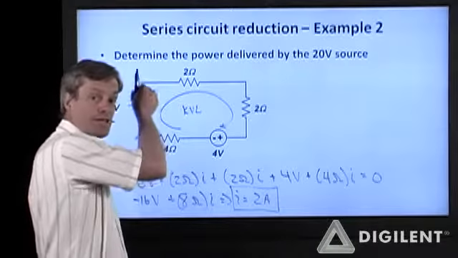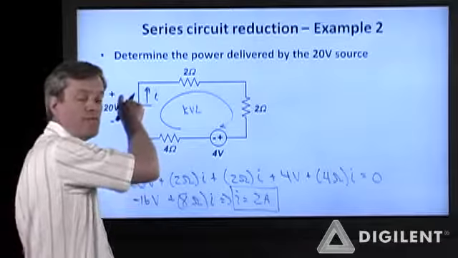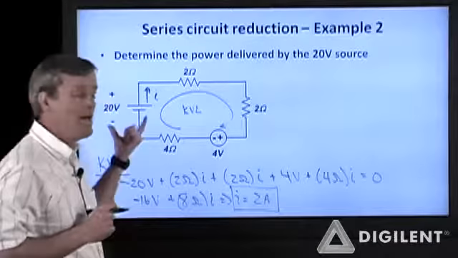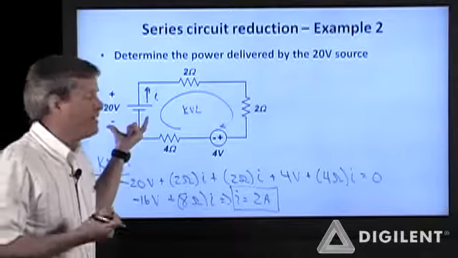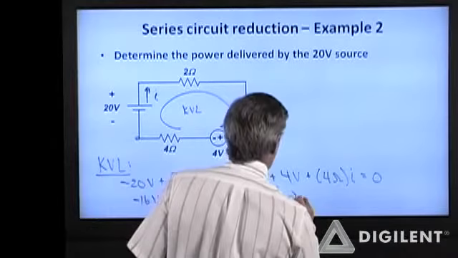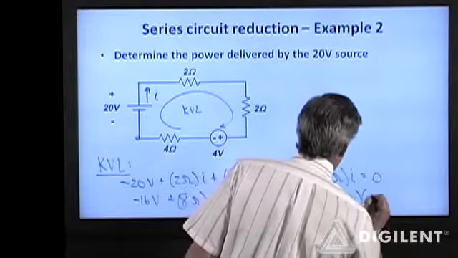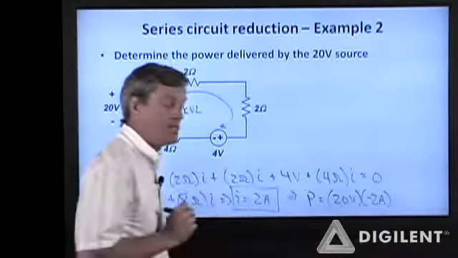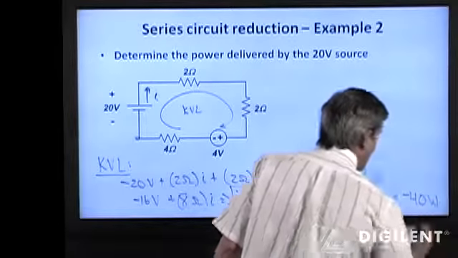That means current is indeed going in my assumed direction, so current is leaving the positive voltage node. That means the power is going to be negative, it's going to be generated. Therefore, P is equal to 20 volts times minus 2 amps, which, agreeing with the passive sign convention, is minus 40 watts.